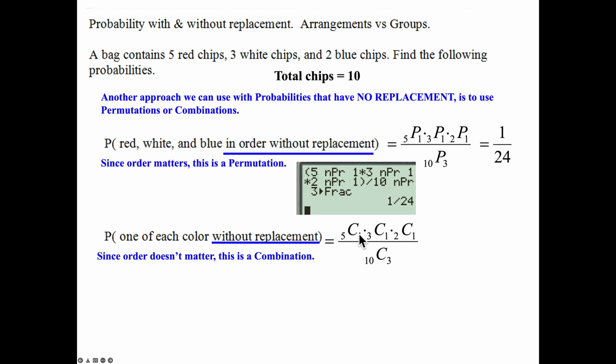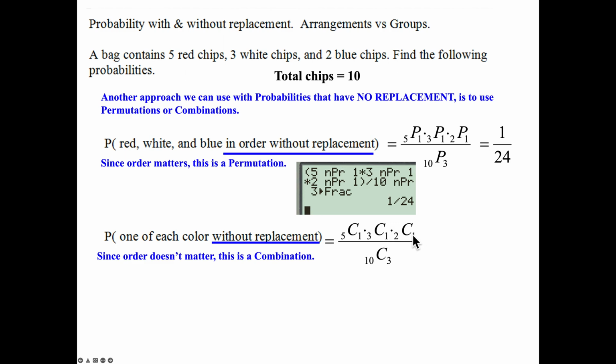All right, but what does matter is that all the n's have to add up to be 10, all the ones have to add up to be 3. Now, for example, you could do it for either one. I've seen people do this: I want to have 2 red and 1 white. 5 combination 2, 3 combination 1, 2 combination 0.